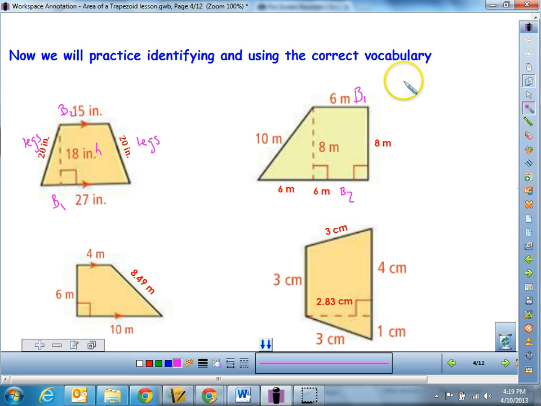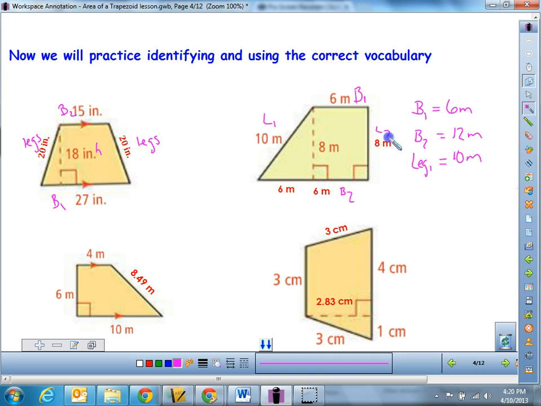So, let's back up. Let's list it over here. Our base 1 is equal to 6 meters. Our base 2 is actually, this one is 6 and this one is 6, so all together, it's going to be 12 meters. Our leg 1, we'll say this is our leg 1, is 10 meters.